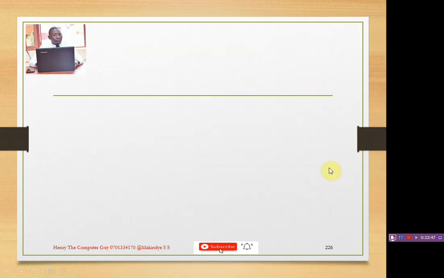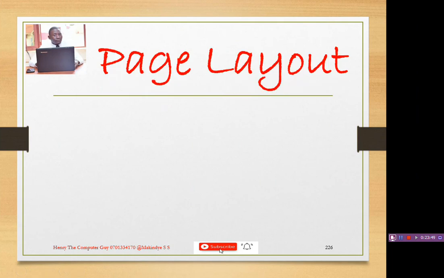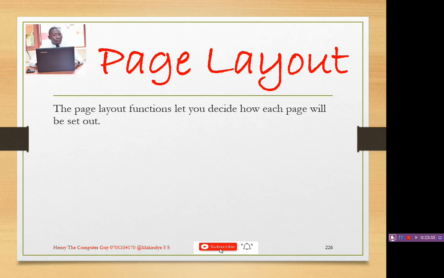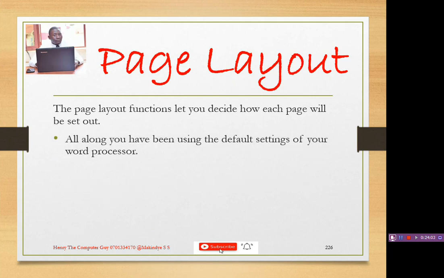We continue. And we have what we call the page layout. So what does page layout mean? The page layout function lets you decide how each page will be set out. For example, when it is printed, how will it look? That is what we call the page layout. All along, you have been using the default setting of your word processor because we have not been changing any page layout.